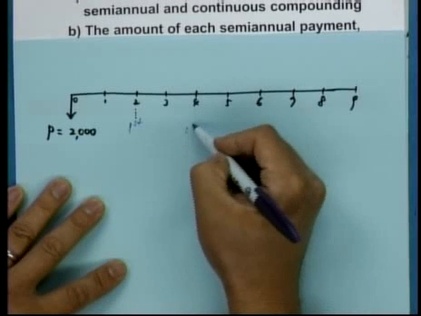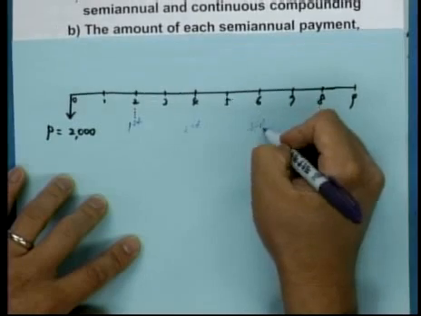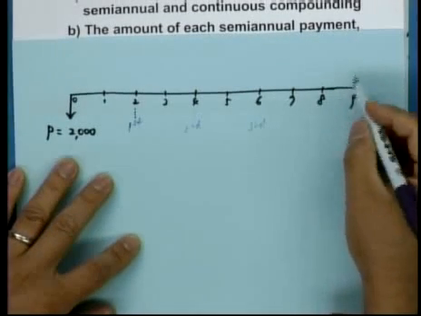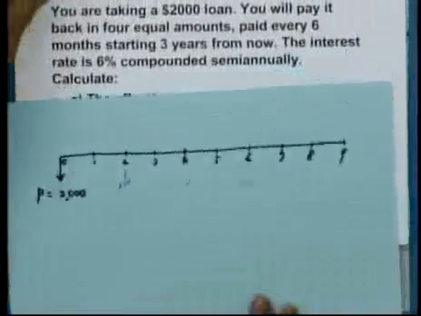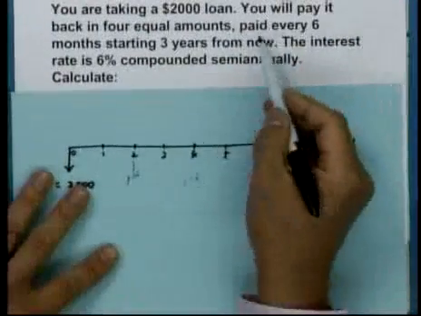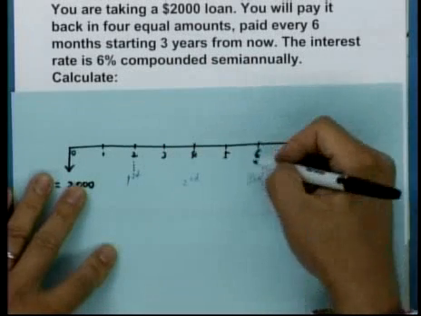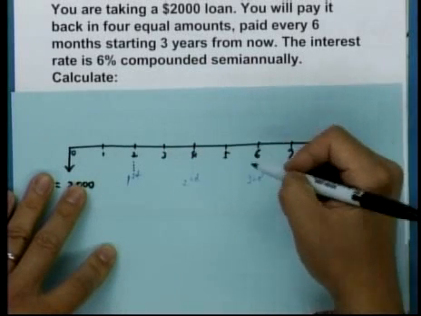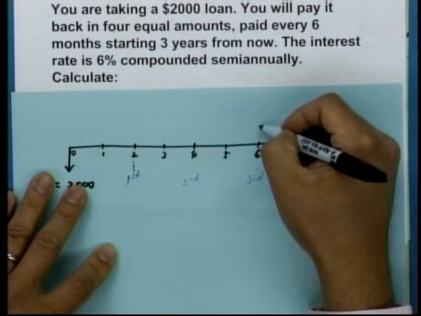And second year, third year, right? Because it said that paid every 6 months starting 3 years from now on. So starting 3 years from now on would be right here.